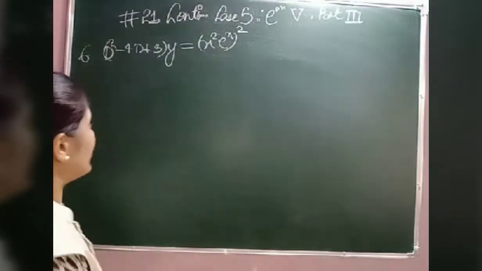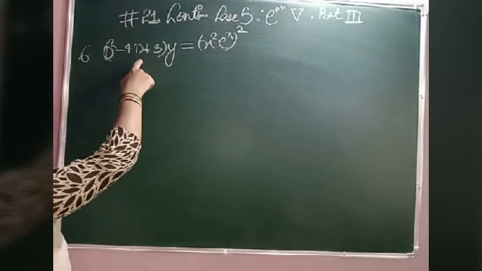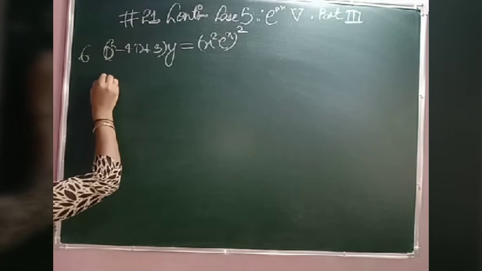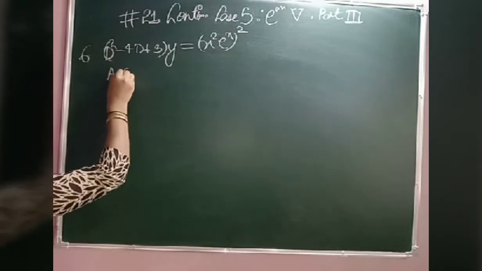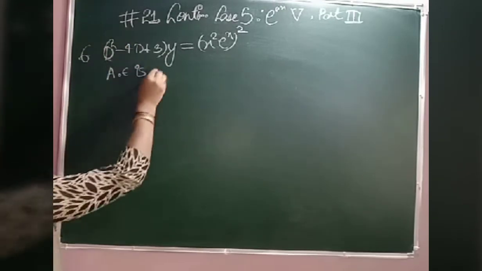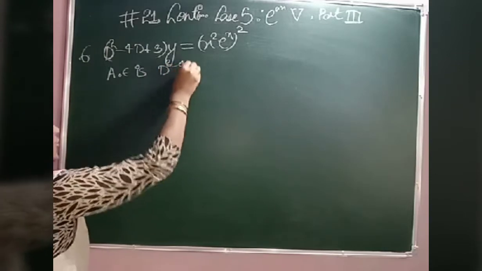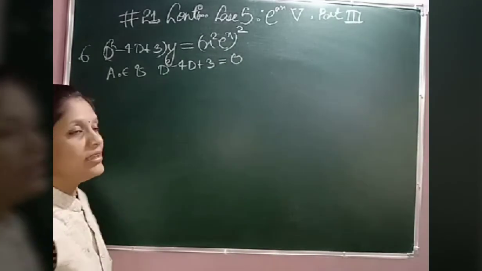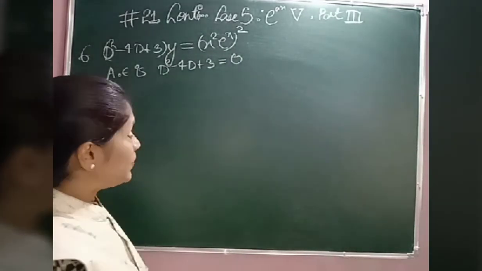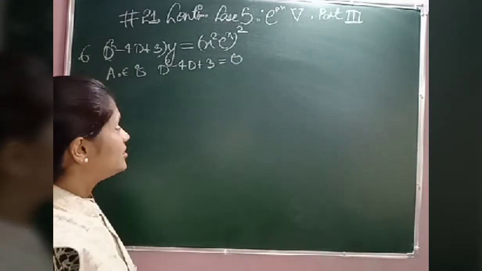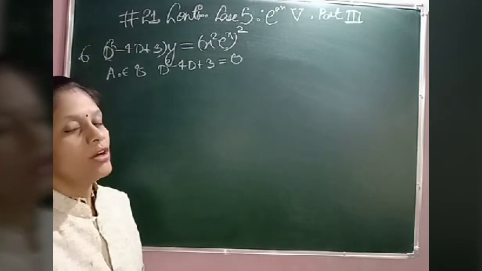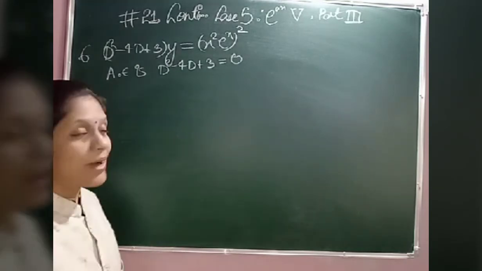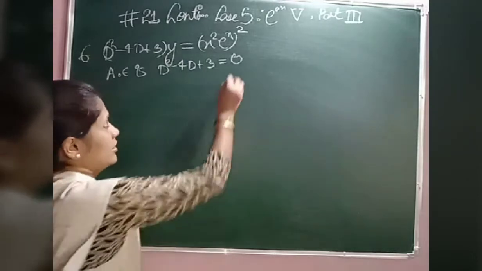To write the complementary function, let us consider the auxiliary equation. The auxiliary equation is D square minus 4D plus 3 equal to 0, right? Multiplication should give us 3, addition should give us minus 4. What are the two factors? Minus 3, minus 1.